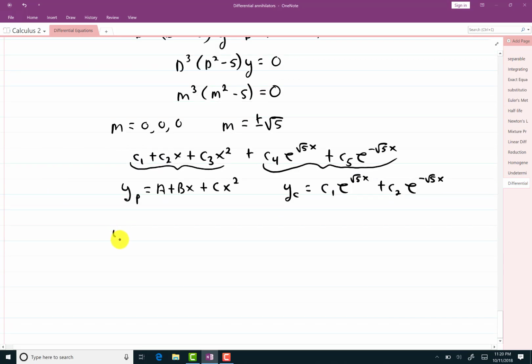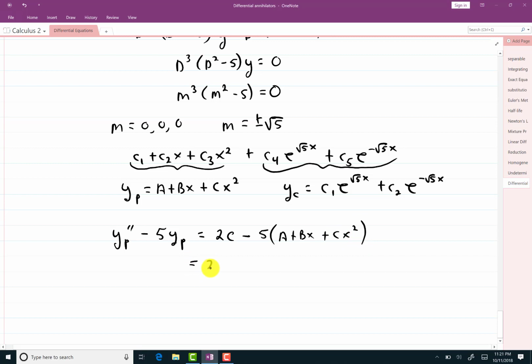We have y sub p double prime minus 5 y sub p. And let's see what happens. If I take the second derivative of this polynomial, I will get 2c minus 5 times a plus bx plus cx squared.